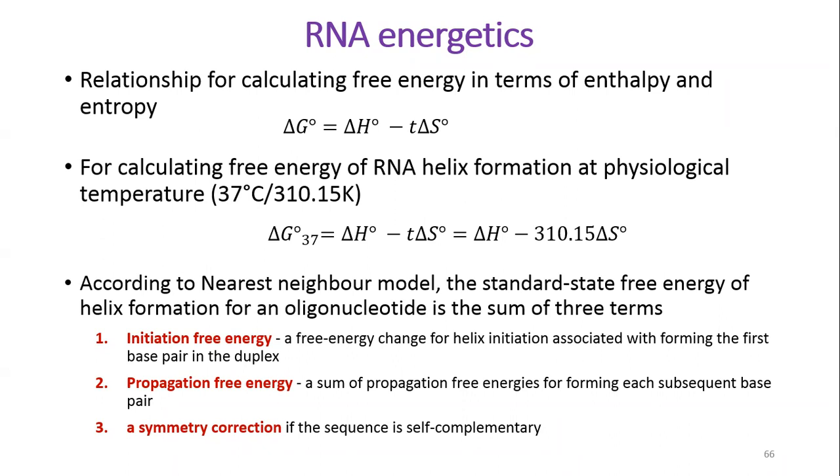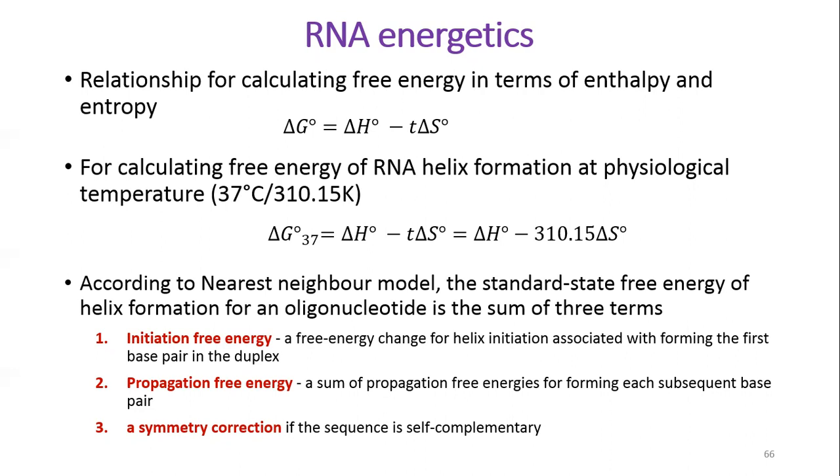So in order to calculate the change in free energy by using the nearest neighbor model, you need to know three things. The first thing that you should know is something called the initiation free energy. This initiation free energy is the change in helix initiation associated with formation of the first base pair in a duplex.